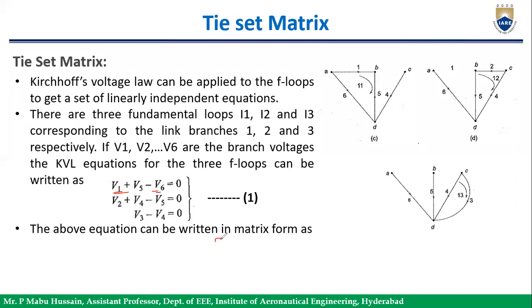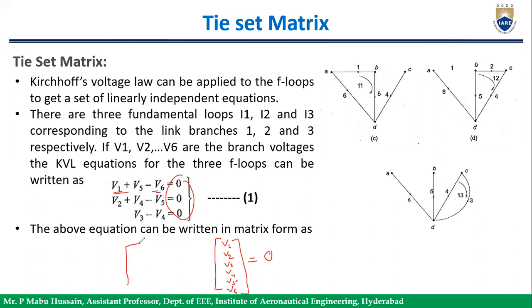Those voltages we represent as a column vector V1, V2, V3, V4, V5, V6, all the branch voltages. And on this side, you are getting 0.